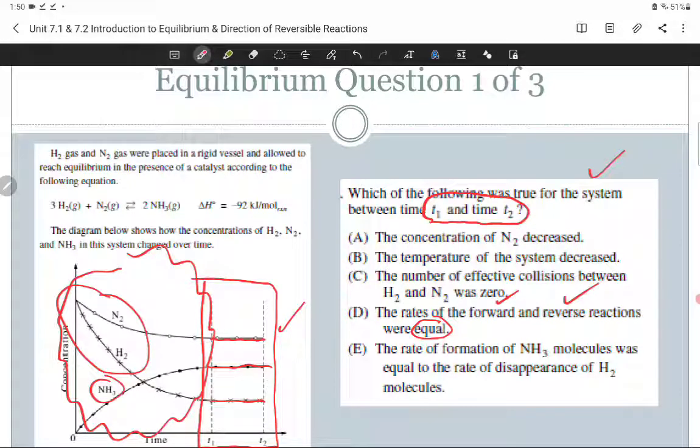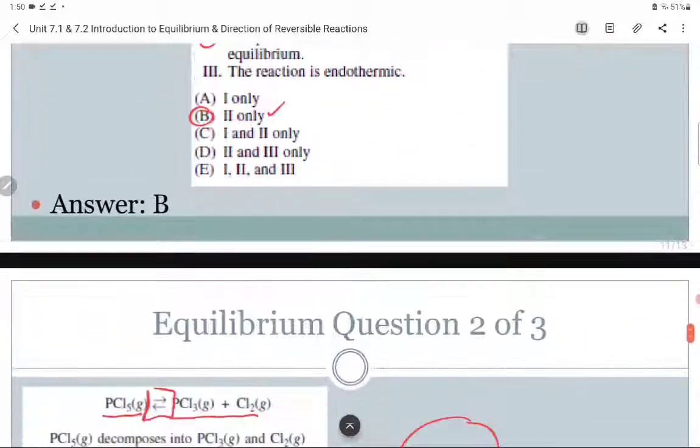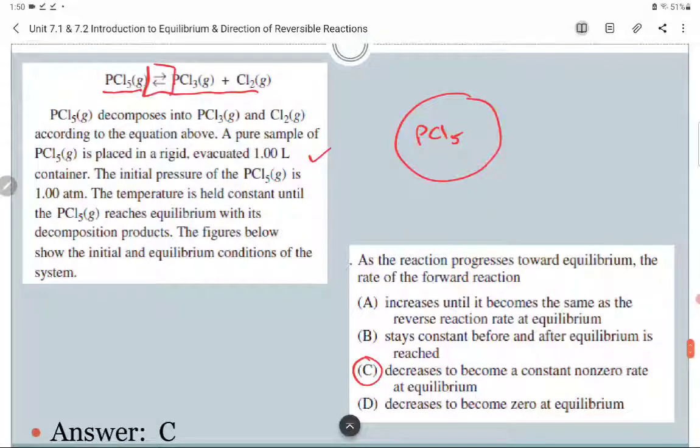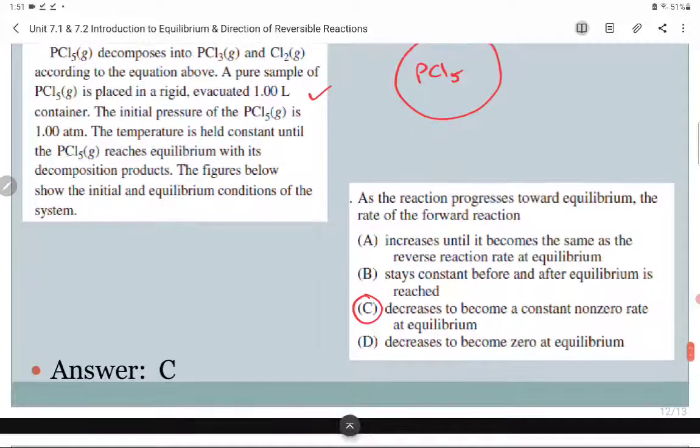The product, on the other hand, you start off, in this case, at 0, and it moves up in concentration, but the speed of that happening decreases over a period of time. So we might be able to use that to answer this question. So the rate of the forward reaction, the PCl5 going to PCl3 plus Cl2, decreases over a period of time, and it's never going to get to 0.